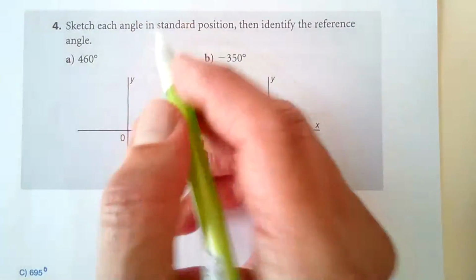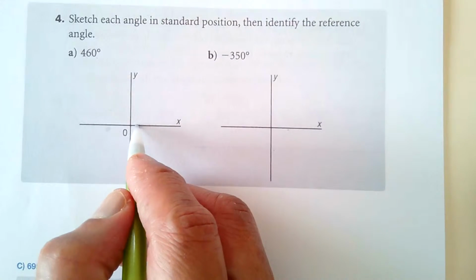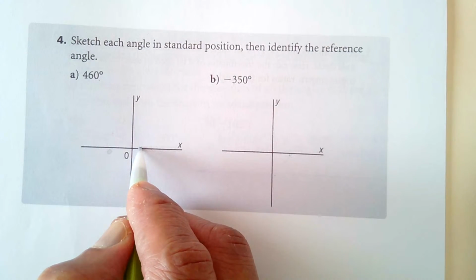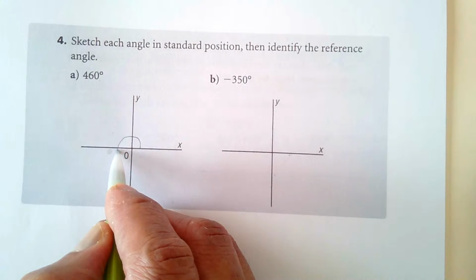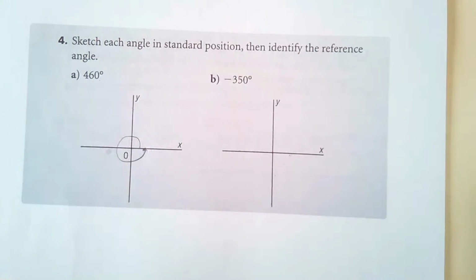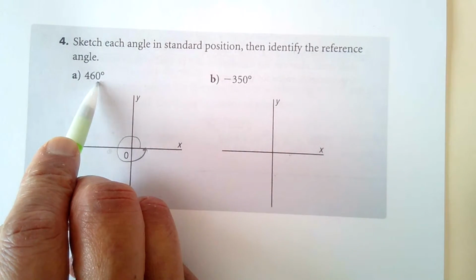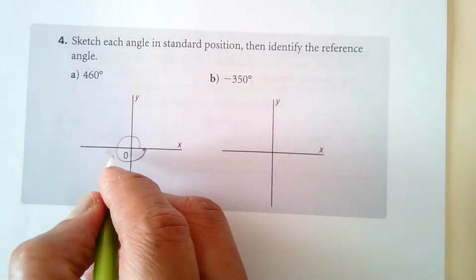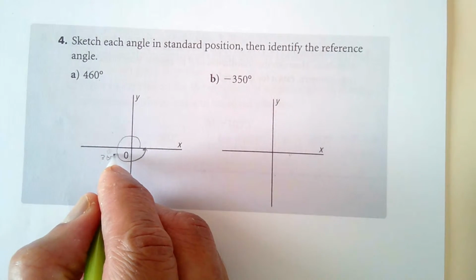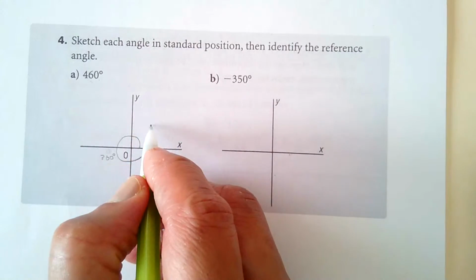So let's sketch the first one, 460 degrees. So we start around on your x-axis, go around once. This is 360. But we have to go further, 100 degrees, right? Because this is 360. We need to go to 460, so plus 100 degrees.